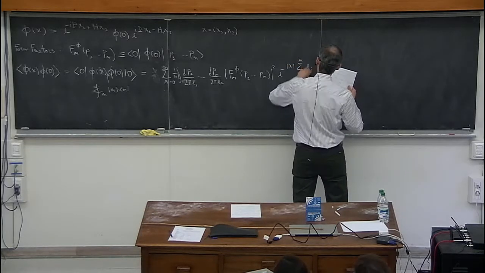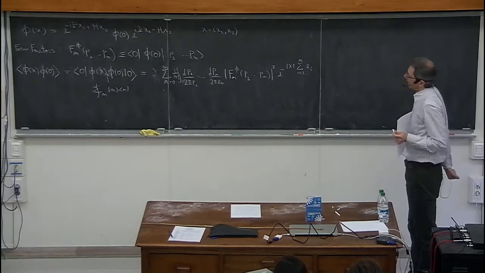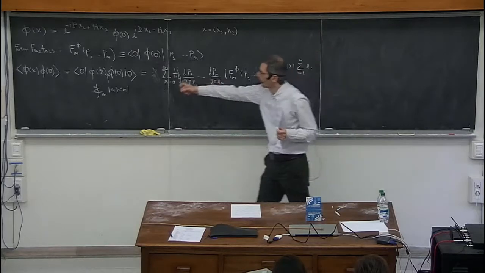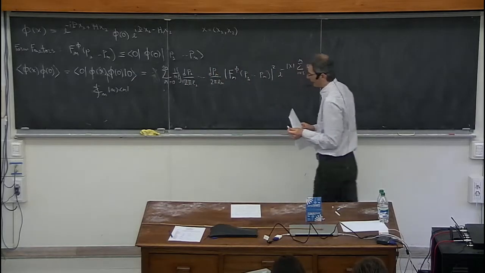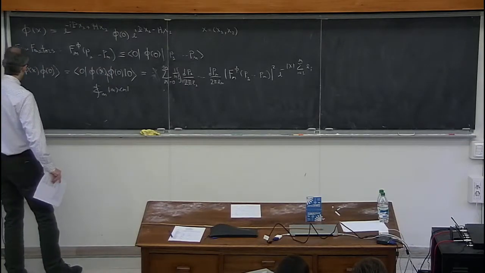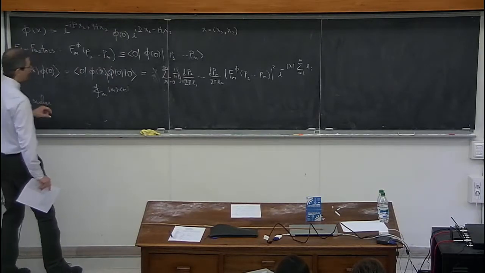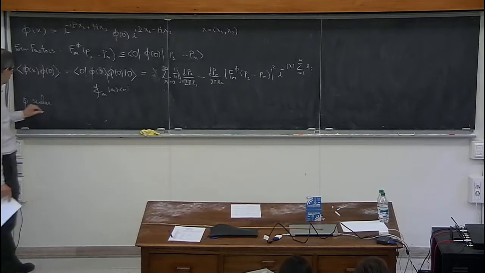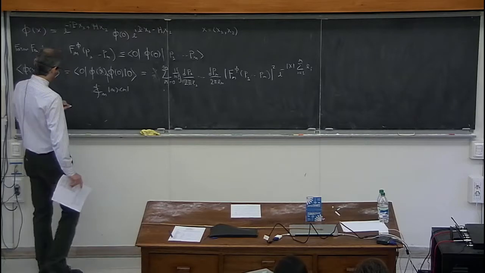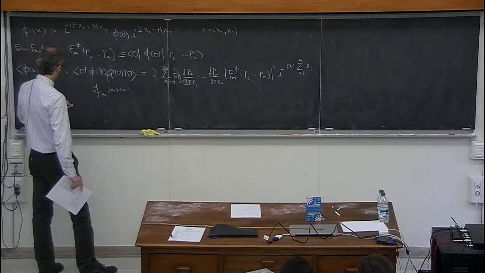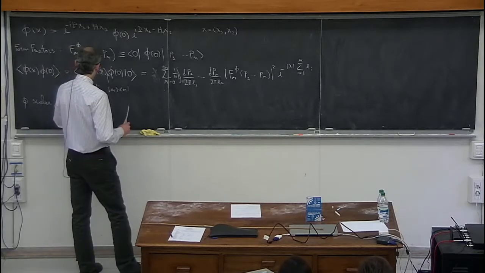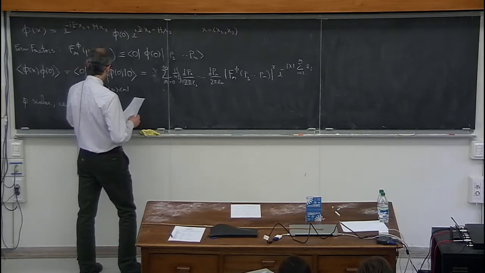In writing this, I'm considering phi a scalar operator, so rotation invariant. So I know that the correlation function will depend on the distance, and I can choose, to make the computation easy, x equal 0, x2.